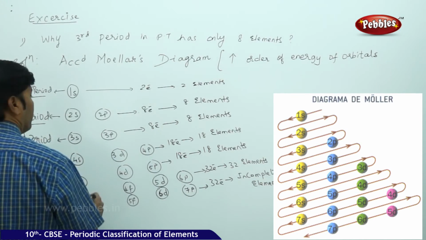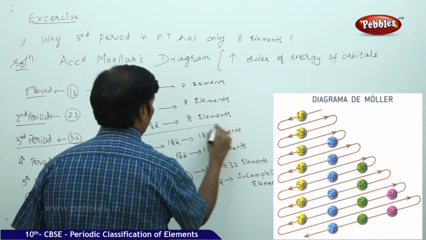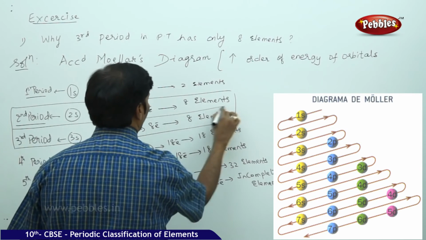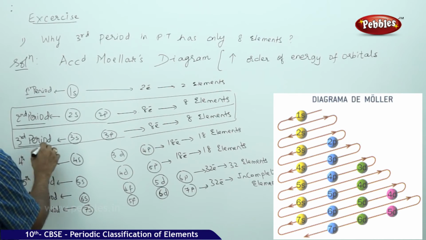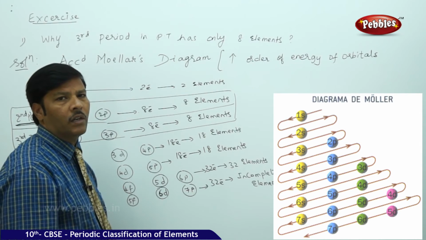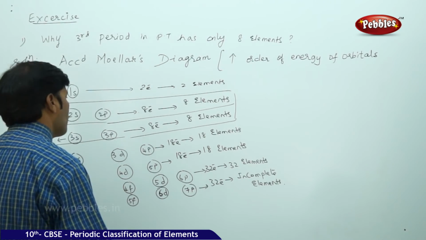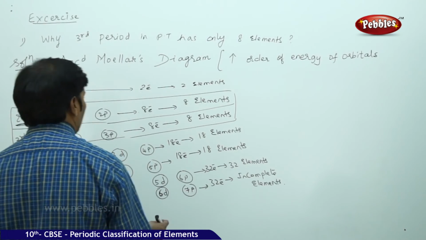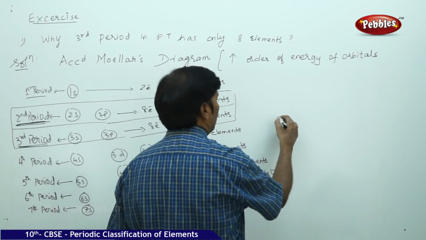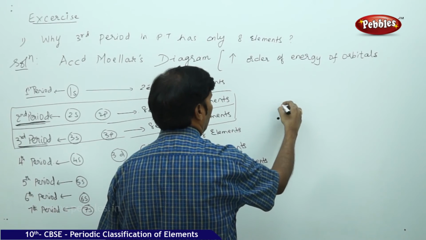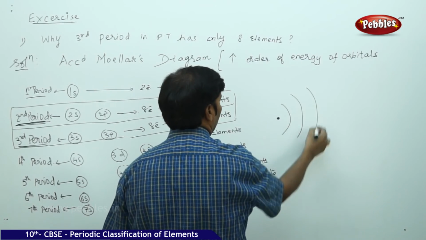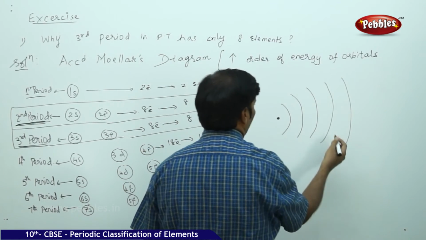So what you are noticing is, if you carefully observe the second period and the third period, the number of elements to be assigned are one and the same. This is because the elements are in the form of blocks. If I go to the orbital picture of the atom, you take nucleus, first shell, second shell, third shell, fourth shell, fifth shell, and so on.